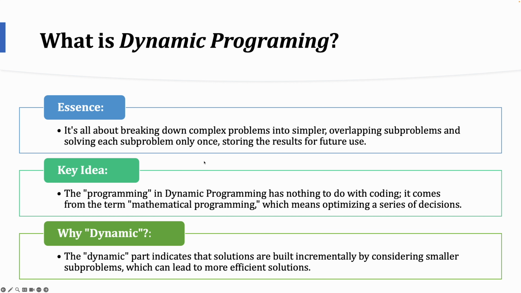And then the term dynamic highlights the incremental nature of the solutions, where smaller subproblems are solved progressively. Dynamic programming can significantly improve the efficiency and performance of algorithms, making it an essential tool for tackling a wide range of computational problems.